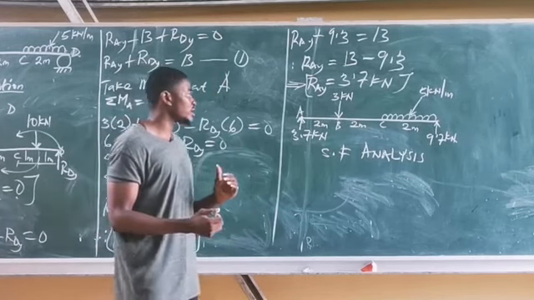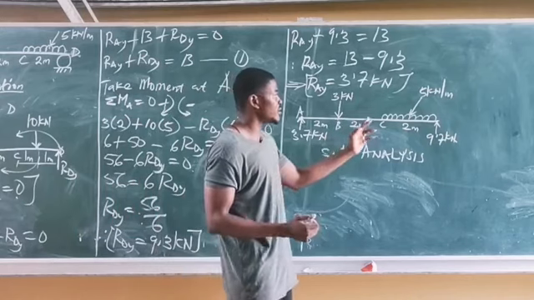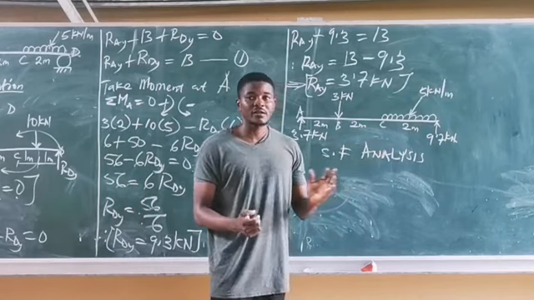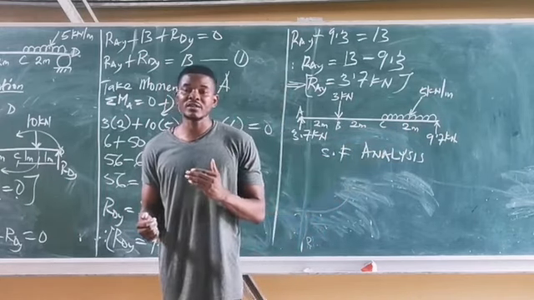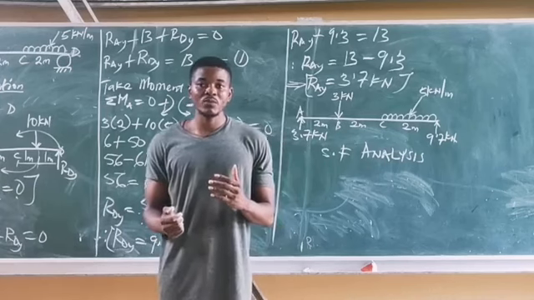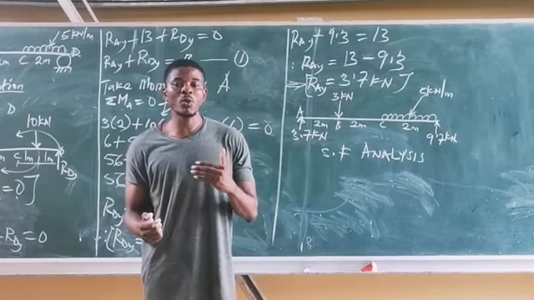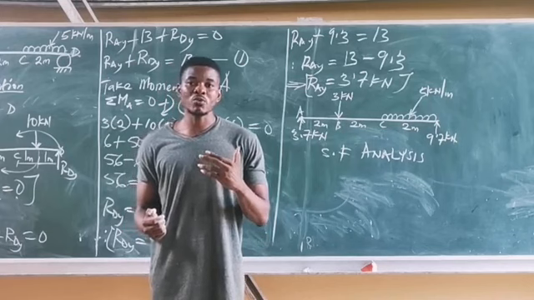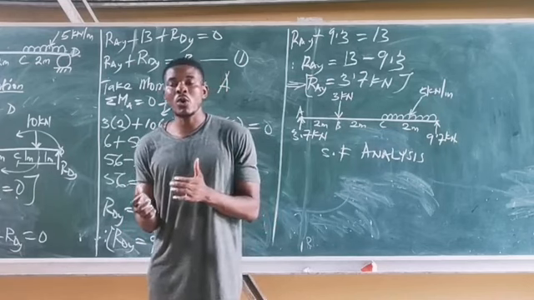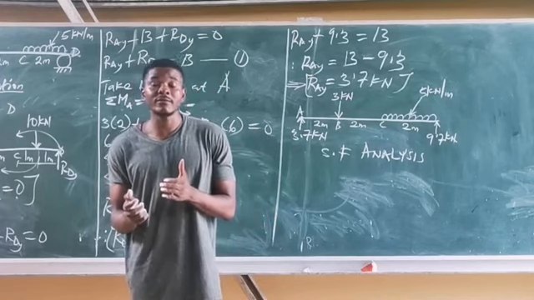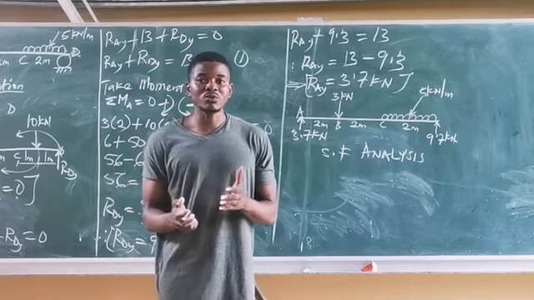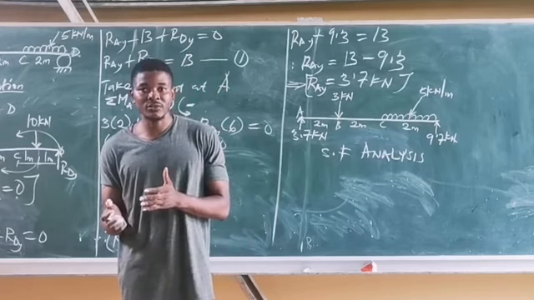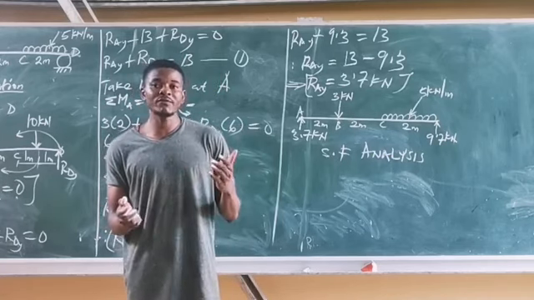Now, we also notice that there is a UDL in this beam. This is not an ordinary beam. This beam contains a uniformly distributed load. So there is now a need to form what is called the shear force equation, because there is what we call the point of contraflexion, and there is what we call the point of inflection. I will talk about all that in the subsequent videos.